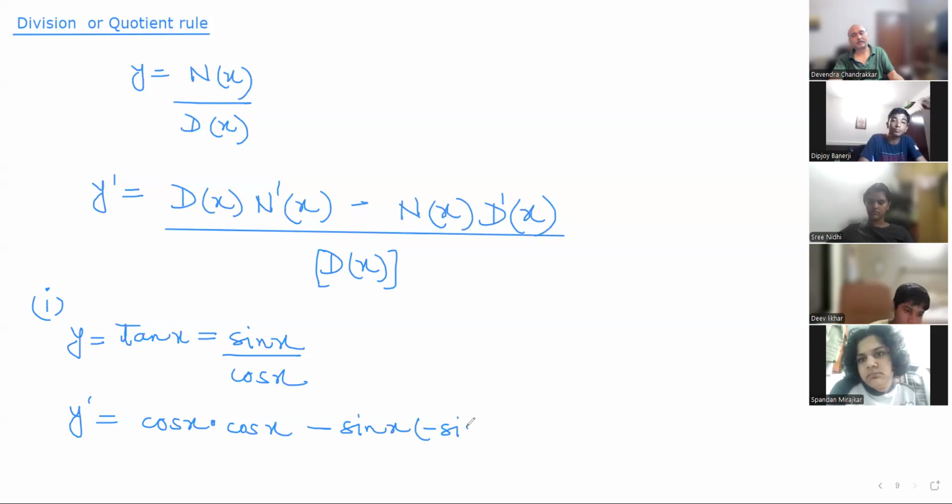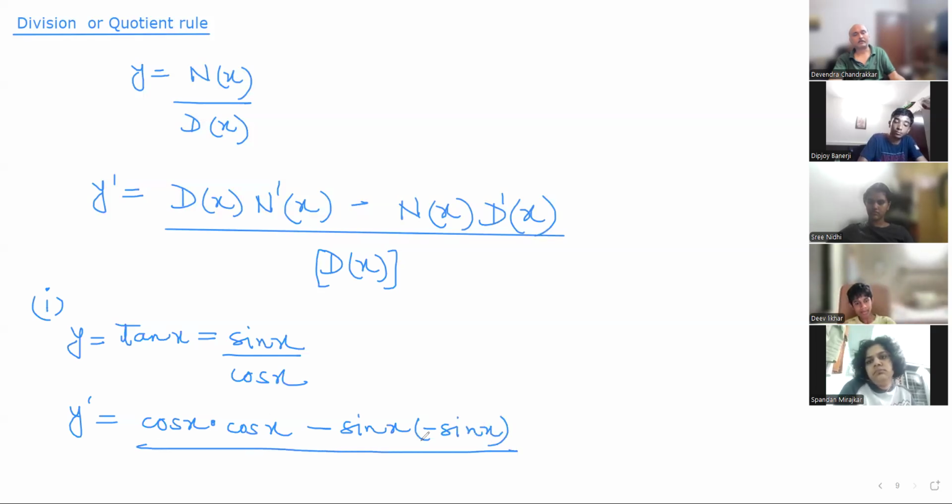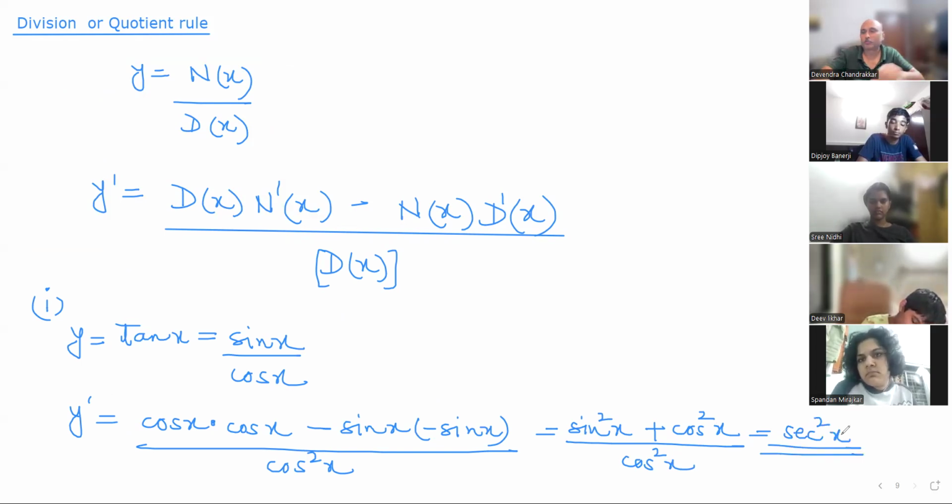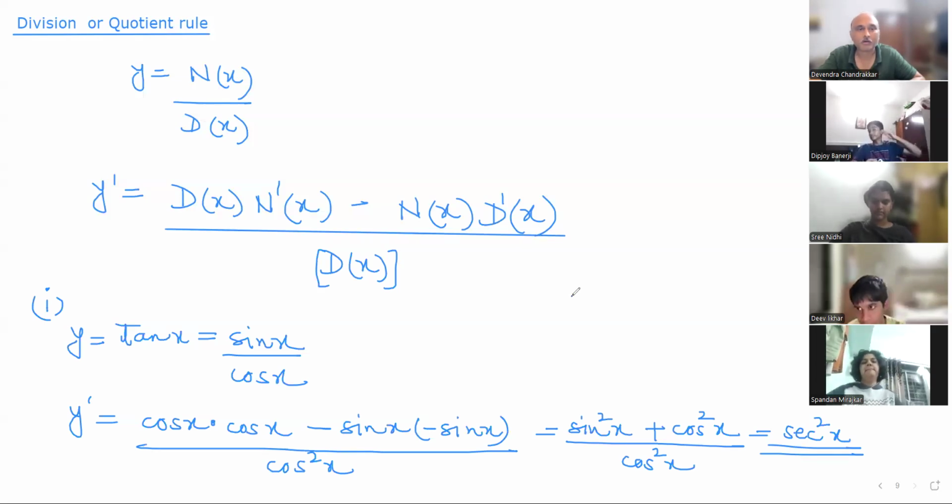Differentiation of cos x is minus sin x divided by cos square x. So this is sin square x plus cos square x divided by cos square x. So this is sec square x. I hope all of you understood this. Yes or no? Yes, sir. Write it. This was the division rule and quotient rule.